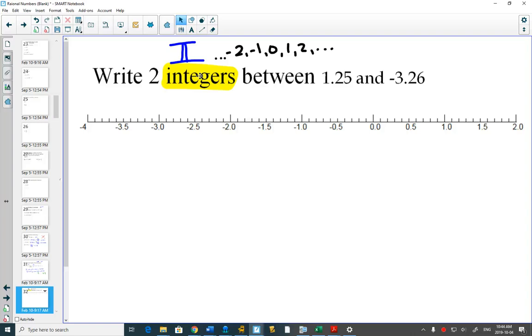We want to put 1.25 on there. 1.25 is right halfway in between 1 and 1.5. It's 1 1/4. So a couple of things that you could do to figure out where to label this. You could recognize that these are all going by 0.1s.